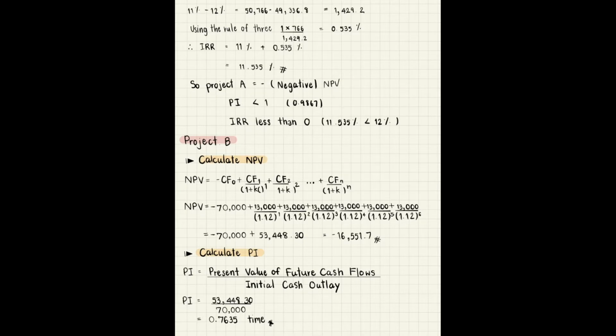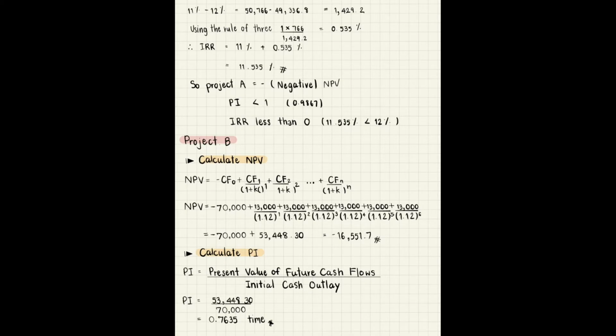So let's move to project B. Do the formula of NPV, do this process again until the last year, and it is equal to 53,448.30. So the initial cash outlay is minus 70,000 plus 53,448.30. So the answer of NPV is minus 16,551.7.